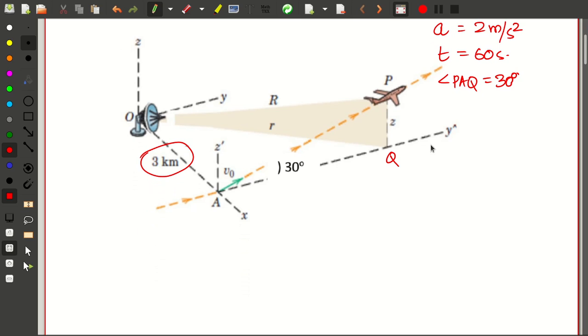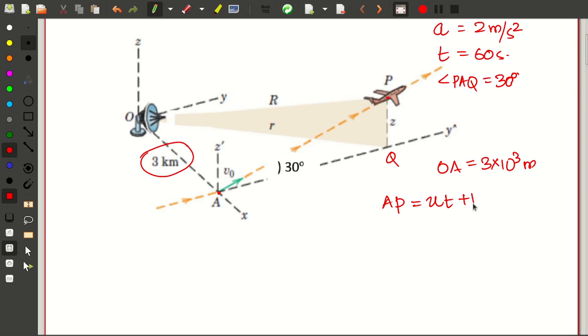So let's see each of the distances, starting with OA. OA is equal to 3 into 10 raised to 3 meters, since it is 3 kilometers. Now we can easily calculate the distance AP from A to P. To calculate that, we can use the kinematic equation ut plus half a t square, where u is v0.